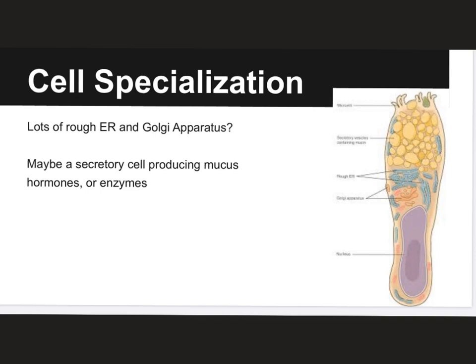If we're looking for a cell that has lots of rough ER and Golgi apparatus, my mind goes to that secretory pathway that we talked about at the beginning of this video. Rough ER and Golgi apparatus are both involved in secretion, especially the Golgi apparatus, because the Golgi package proteins into those little vesicle bubbles in order to secrete them out of the cell.